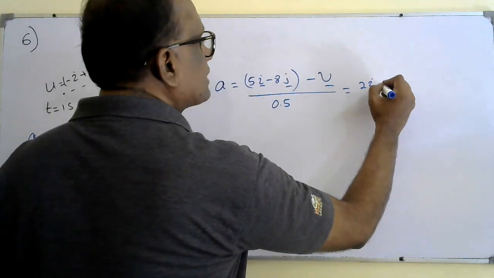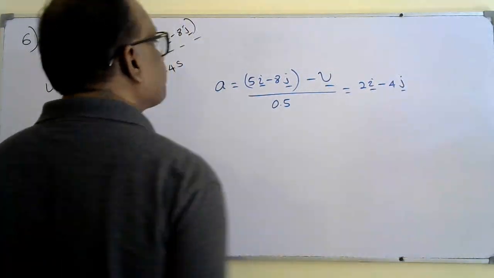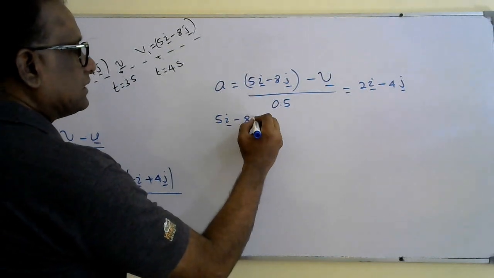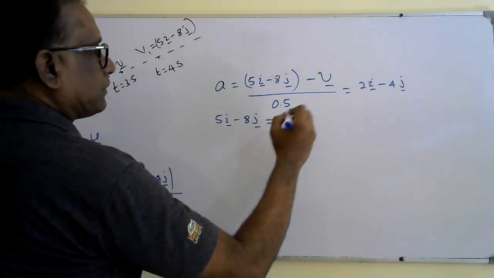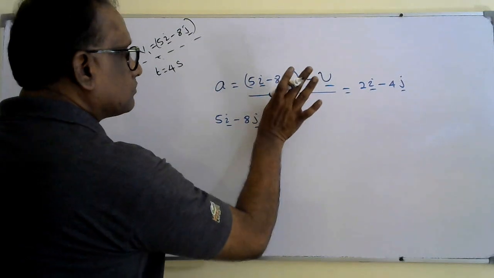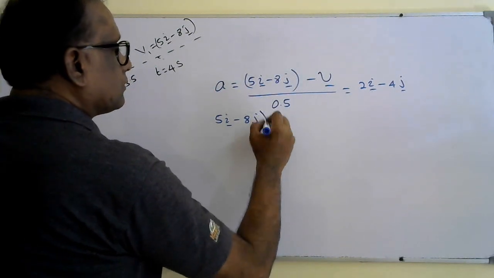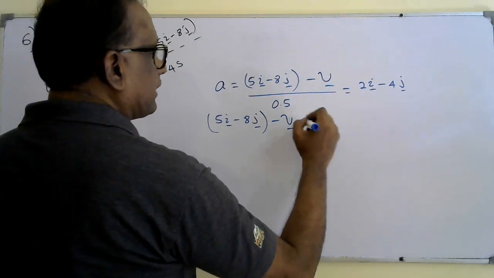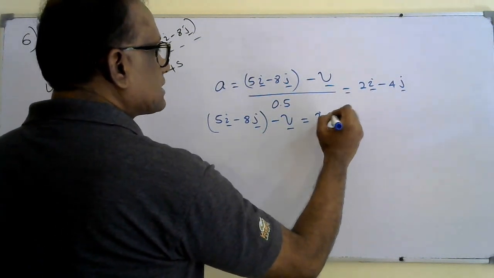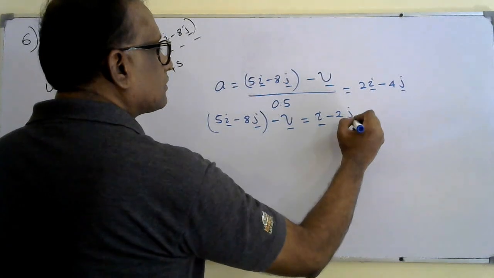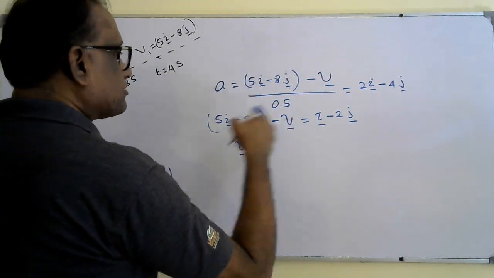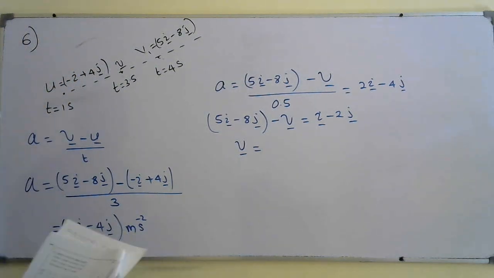Solve it, so 5i minus 8j minus v, cross multiply, you will get i minus 2j.